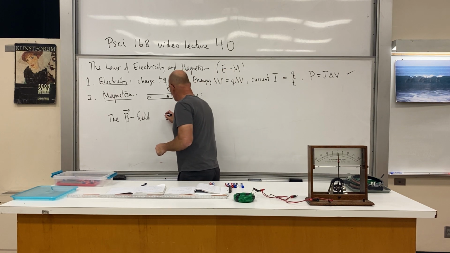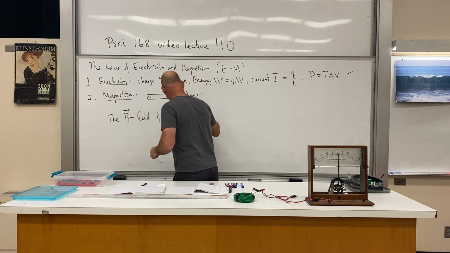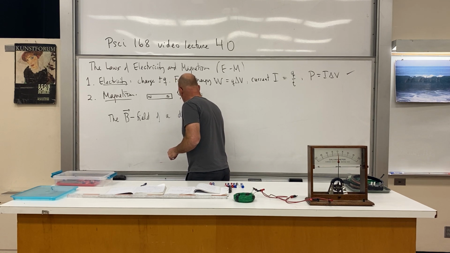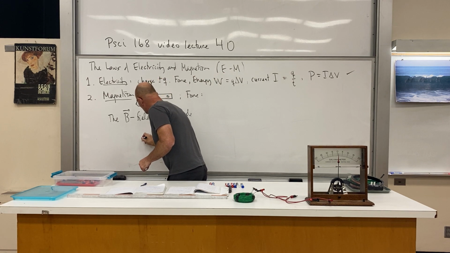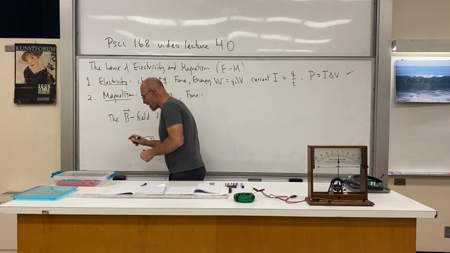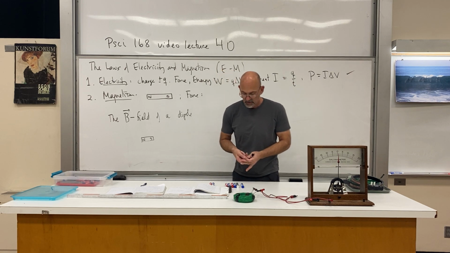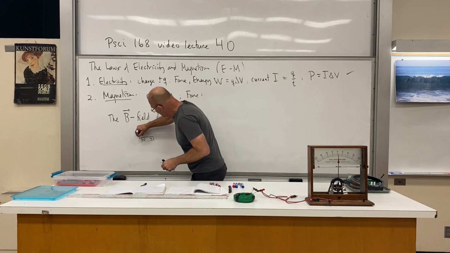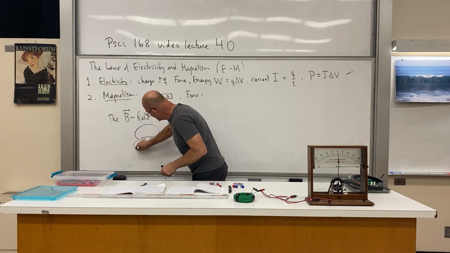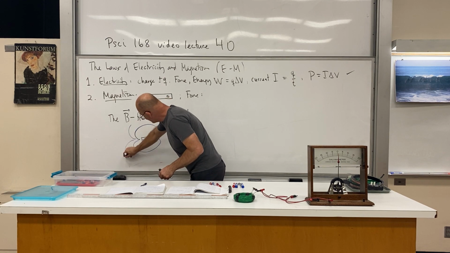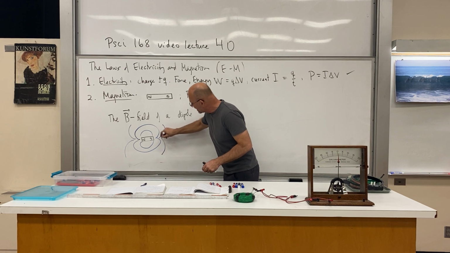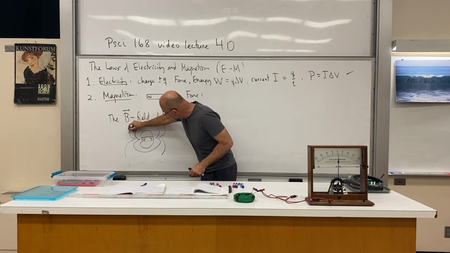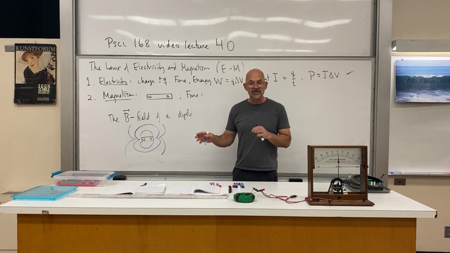So the B field of a dipole, which is what a basic magnet like that is, I'm going to draw. Once again, we have north, south. We can take a different color for our field lines. And the vector nature of this is as follows. If you put compass needles at one of these places, they are going to point in the direction of that line.